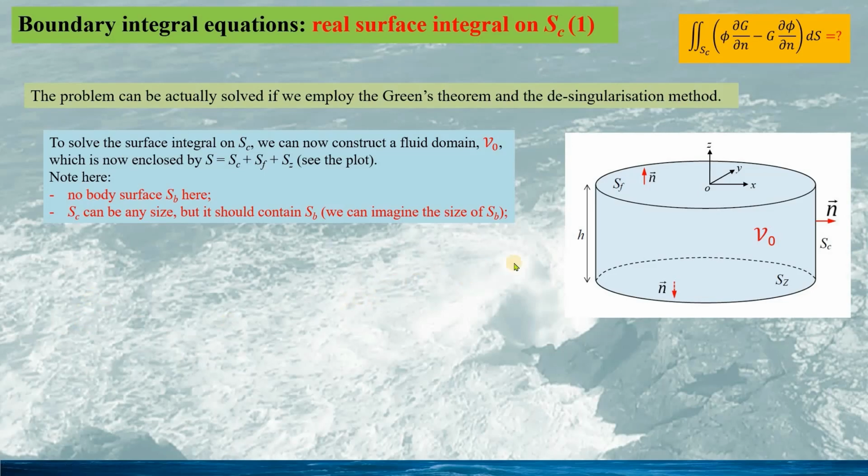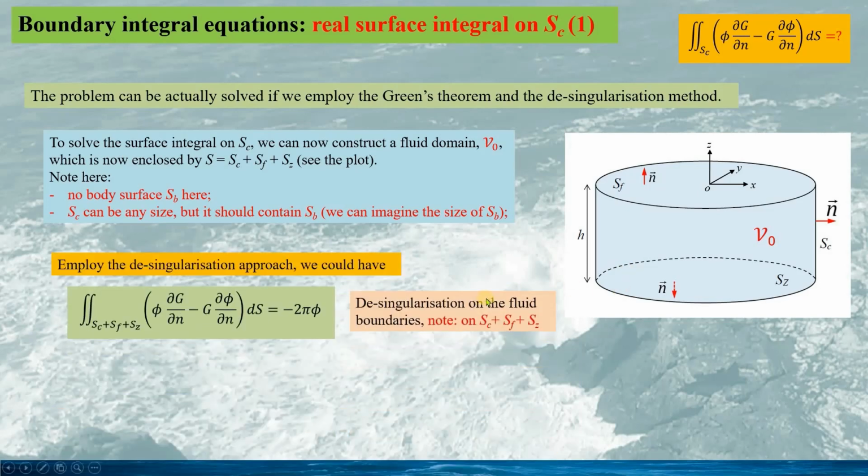The construction of the fluid domain V0 would be very important, and I will show how we can obtain the result of the surface integral on SC, especially the value of the integral on the body surface SB, because our target is to establish the boundary integral equation on the body surface SB only.